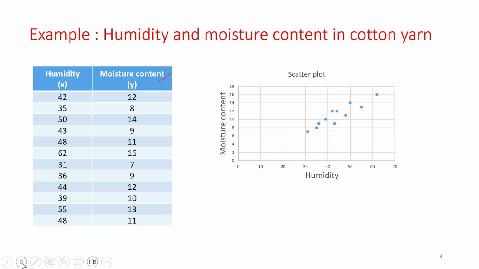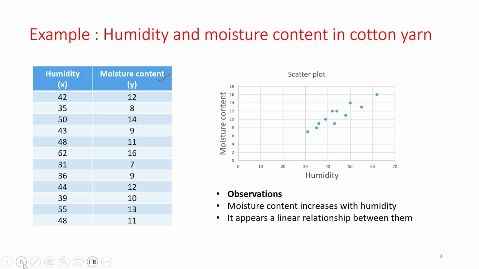Now if this data is with us and if we plot it, we make a scatter plot, then we get the points as you see in this graph. This is what is known as a scatter plot. And if we study this scatter plot, there are two main points that we can observe. One is that moisture content increases with humidity. As the humidity goes up from 30 to, let us say, 60, 65, 70, you see moisture content is going to increase.